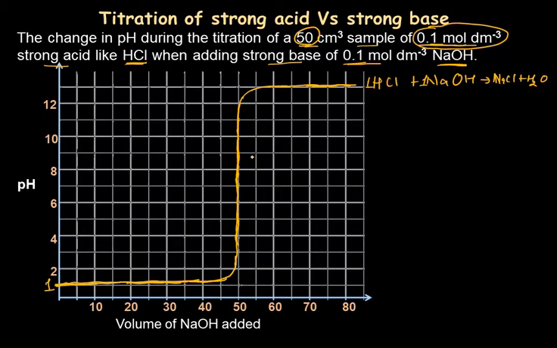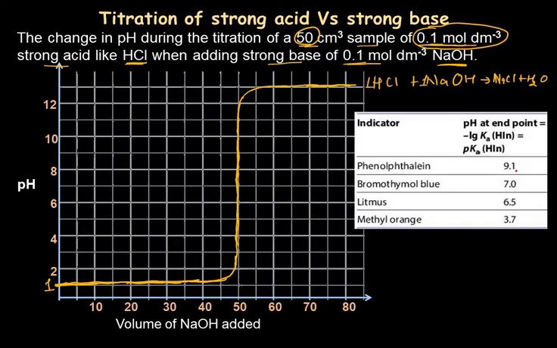As we had seen earlier in our video on indicators, different indicators have a different end point at various pH. As we can see here, phenolphthalein, bromothymol blue, litmus, and methyl orange have their own end point of the change in the color, where they will show the change in the color.